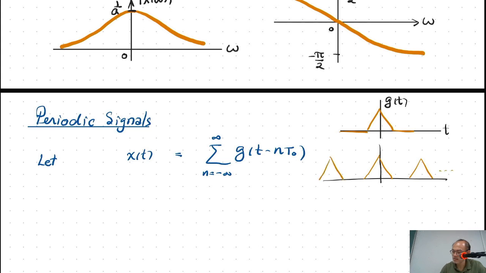This is going to be X. I really hope that you can recall this. So this is how we write down periodic signals as a repetition of the function g. G is a finite support signal.